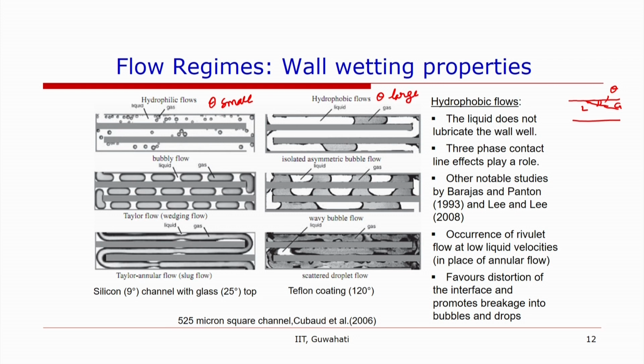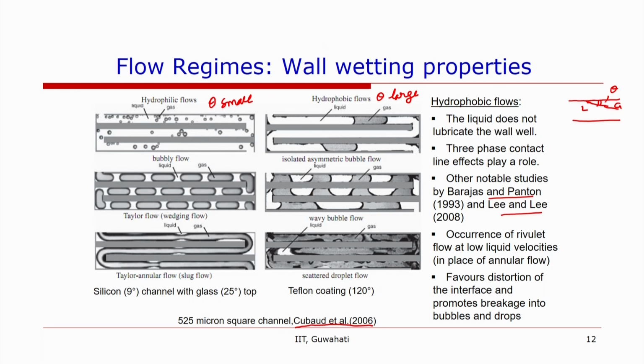Few studies have been done on the effect of wall wetting, or wall contact angle properties, on the flow regimes. Notable among them are by Barajas and Panton, Lee and Lee, and the one by Cuboid.